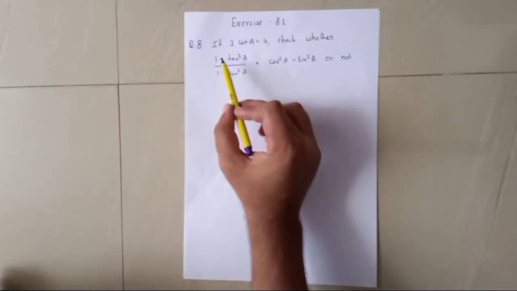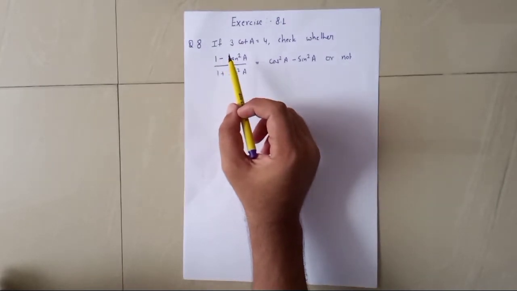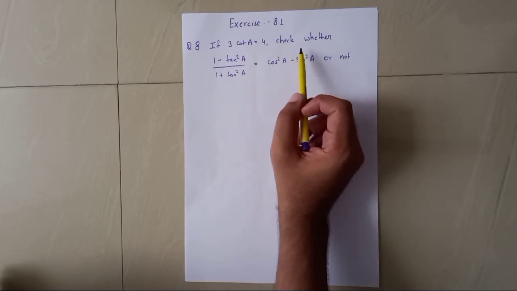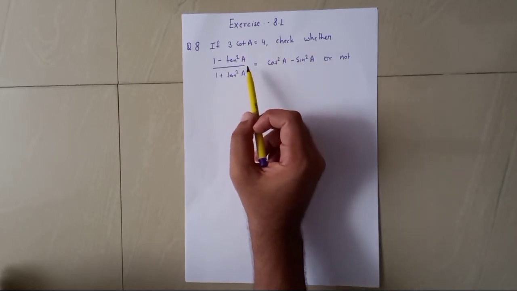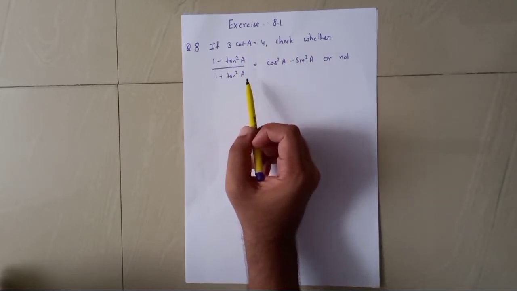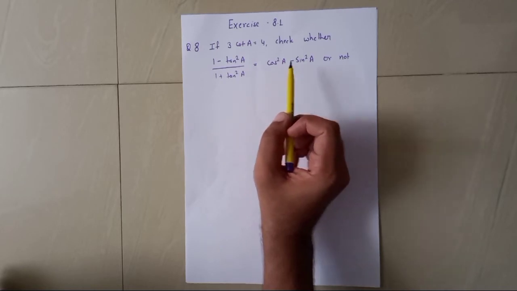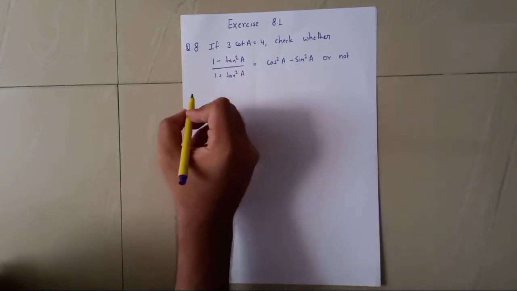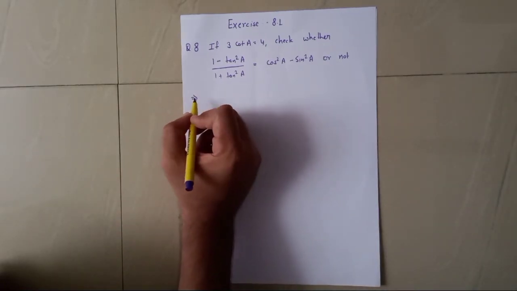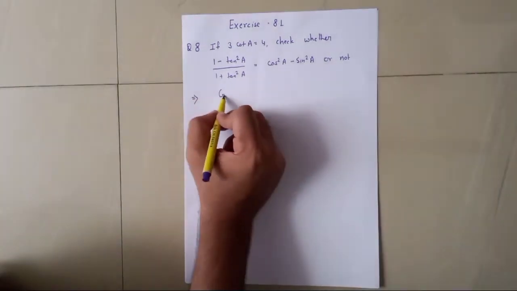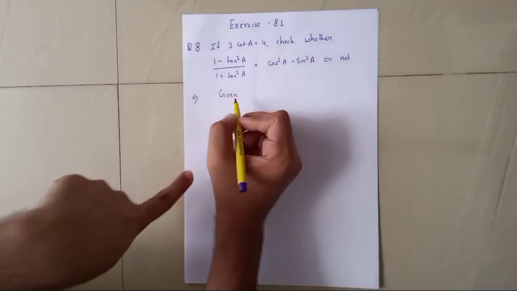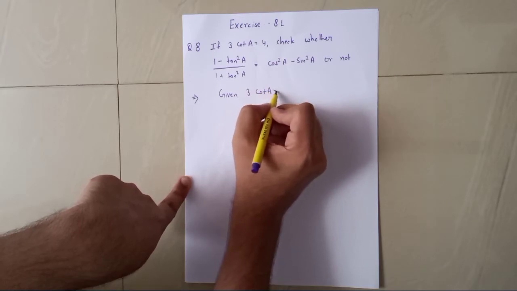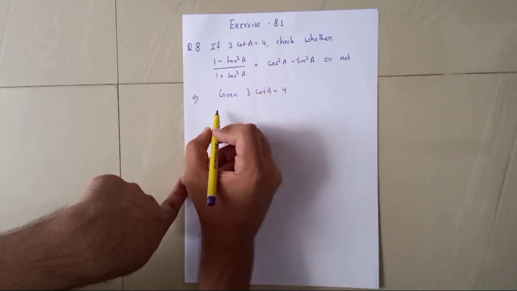आज हम पढ़ेंगे एक्सरसाइज 8.1 का क्वेश्चन नंबर 8। क्वेश्चन नंबर 8 इज इफ 3 cot a equal to 4, so check whether (1 minus tan square a) upon (1 plus tan square a) equals to cos square a minus sin square a or not. Solution: given है 3 cot a equals to 4.